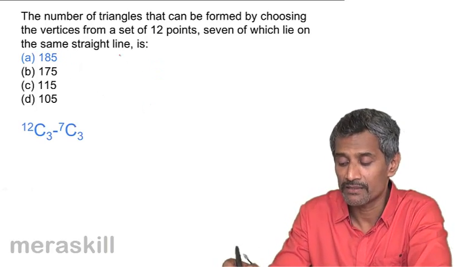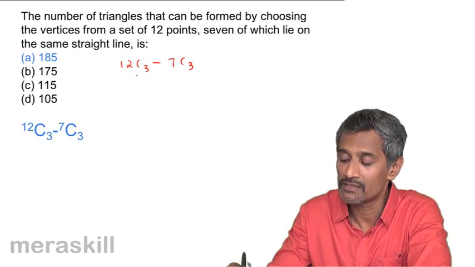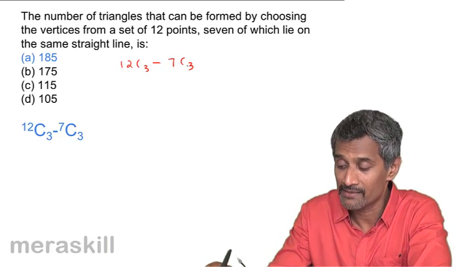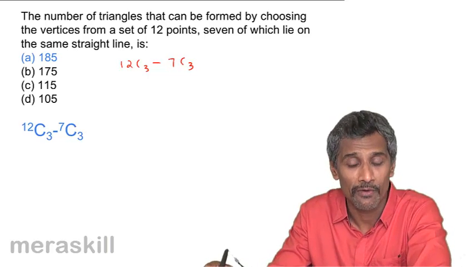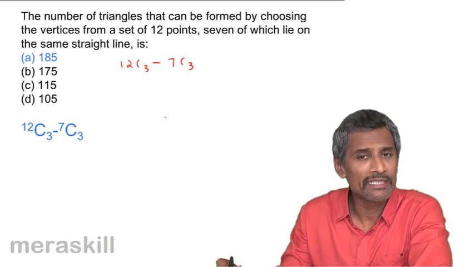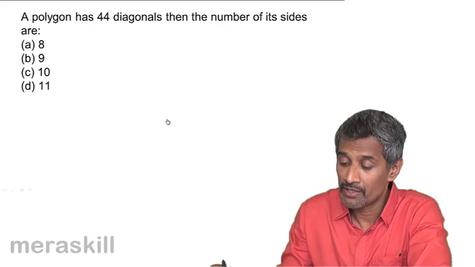That is the total number of groups of 3 selected minus those groups of 3 which will not form triangles. That will give you 185. So both these sums were similar to each other, only the numbers have been changed.